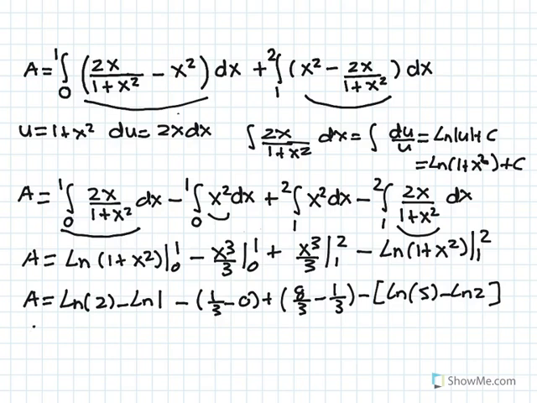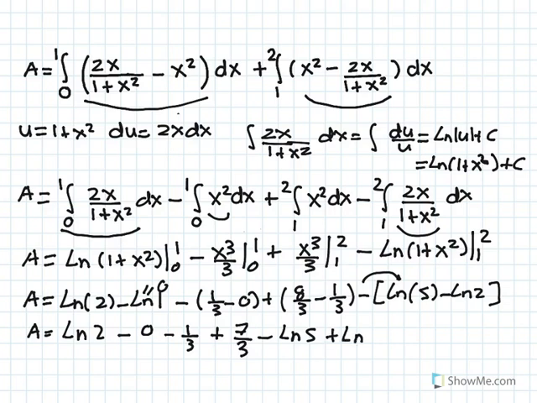Let's open this up. We get area is equal to log of 2 minus, well, log of 1 is 0, so that's just minus 0, minus 1/3, plus 8/3 minus 1/3, which is going to be 7/3, minus log 5, distributing the minus sign, plus log 2. Very easy to make a mistake.